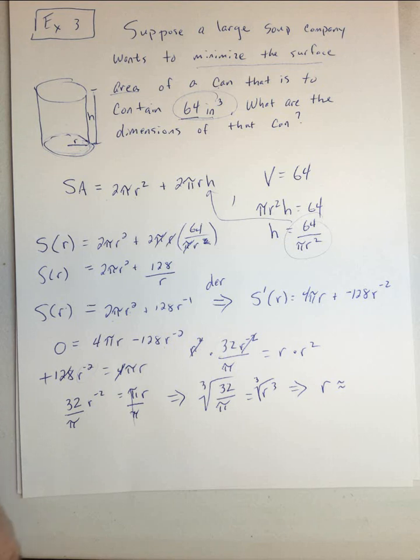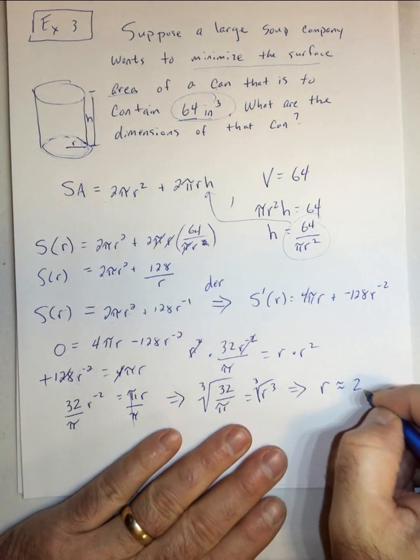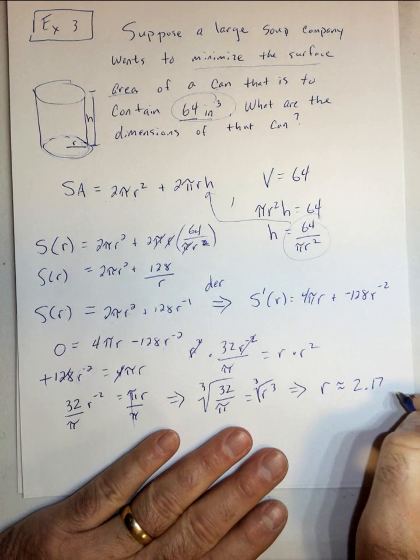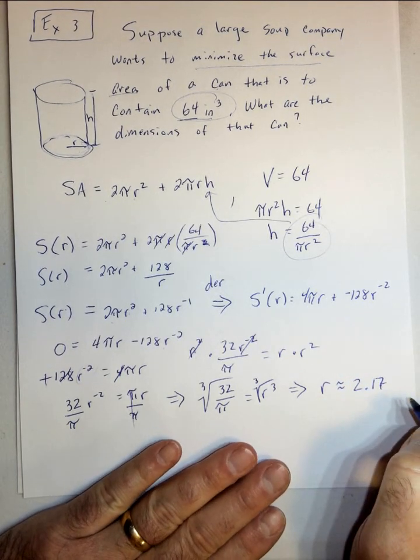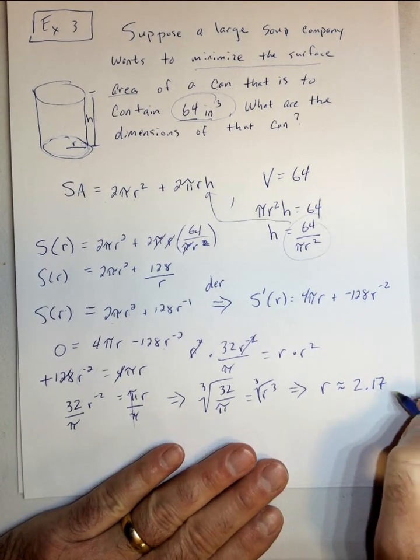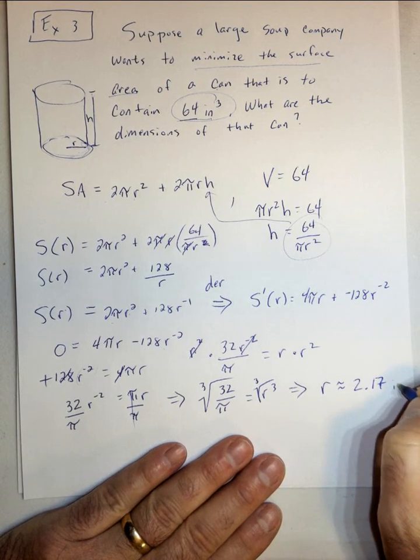So I'm going to take 32 divided by pi to the 1/3 power, which is about 2.16 or 2.17 if we round. And so that is in inches.